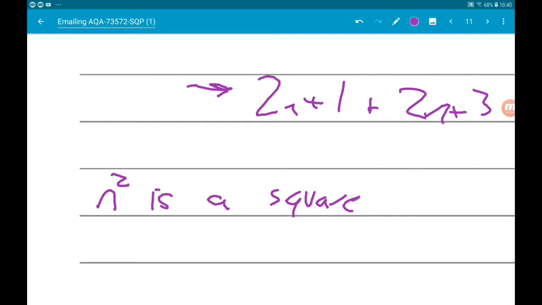So just like 3 squared and 5 squared, 3 and 5 are 2 apart, n and n plus 2 are 2 apart. So let's say n plus 2 squared is also a square number.